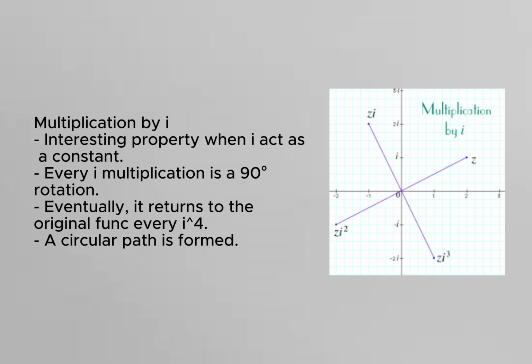Multiply by i a few more times and you see that it returns to the original number. At every fourth power of i, it returns to the original. Eventually, a circular path is formed. So multiplication by i in the Argand diagram will result in a circle.